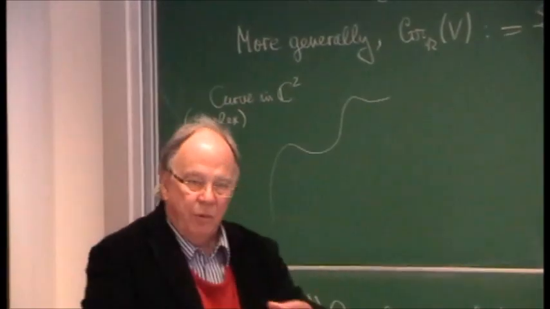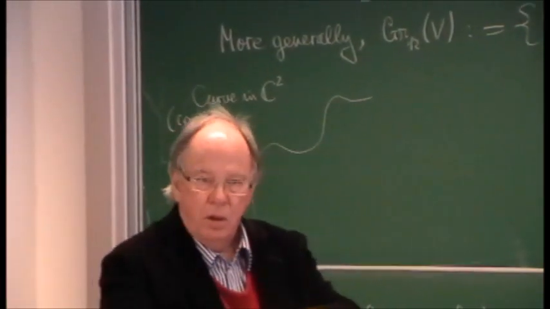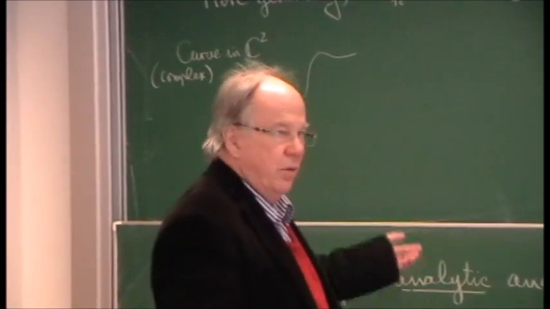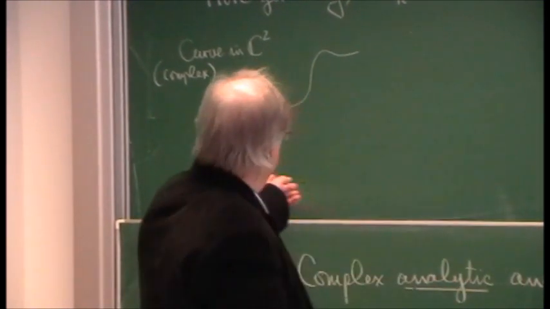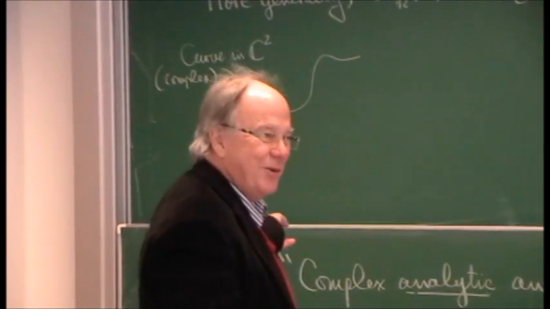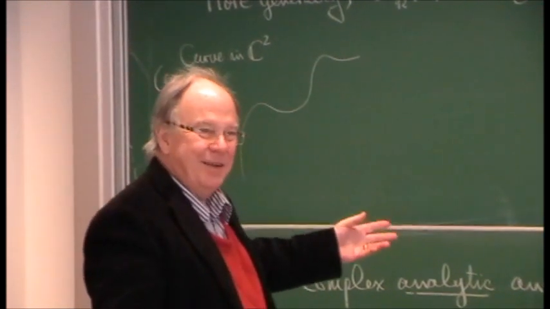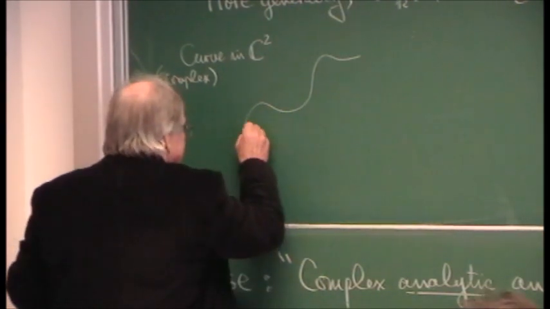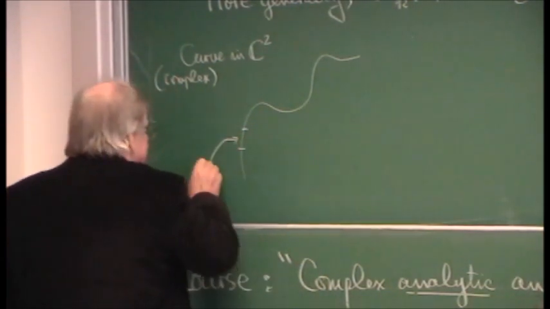This means locally parameterized holomorphically by a holomorphic map. By the way, I draw this all the time as if it's a real curve of one dimension, so please don't get confused by me. When I have a little piece of this, you have to understand that this is a disk.